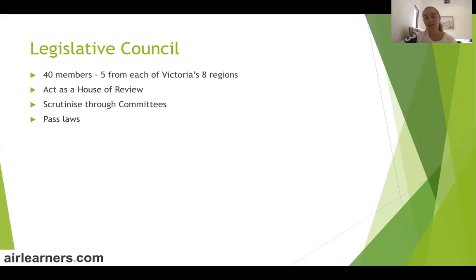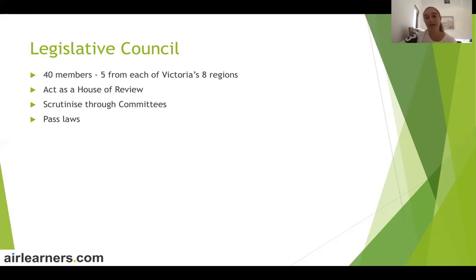So the Legislative Council, similar to the Senate, acts as a house of review because most of the legislation is passed by the Victorian government in the lower house. Like at Commonwealth level, there's also committees who can scrutinise the legislation that's proposed by the government and decide whether the Legislative Council should pass it through or not.